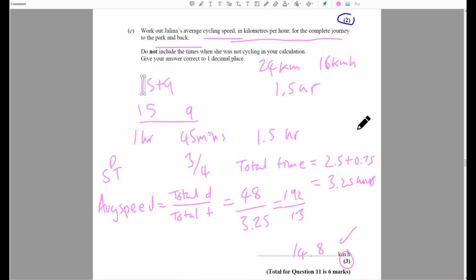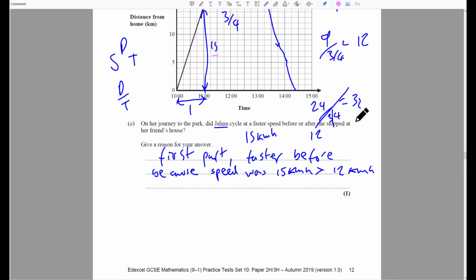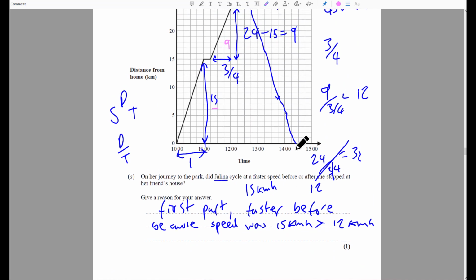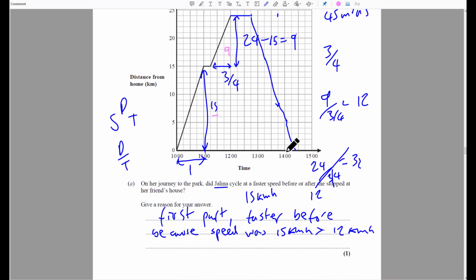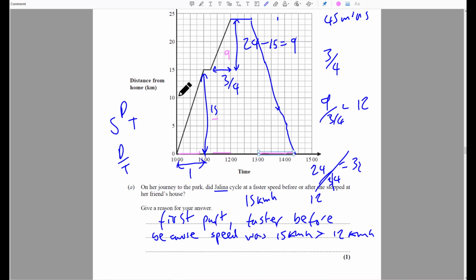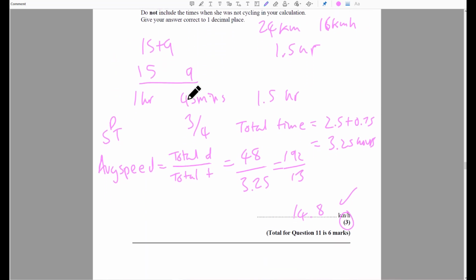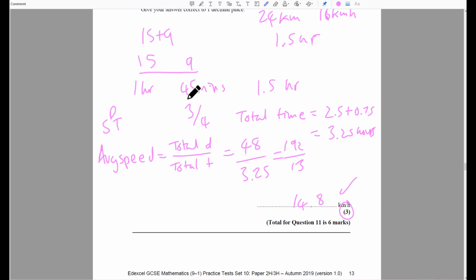Now, just want to remind you there is an easier way to find the total time, because if this graph was clear, you could add up the times from here to here when she's moving essentially. And the total distance, well, it's 24 there and back, so 48. And that's all you need to do, so that's actually an easier way to do it.